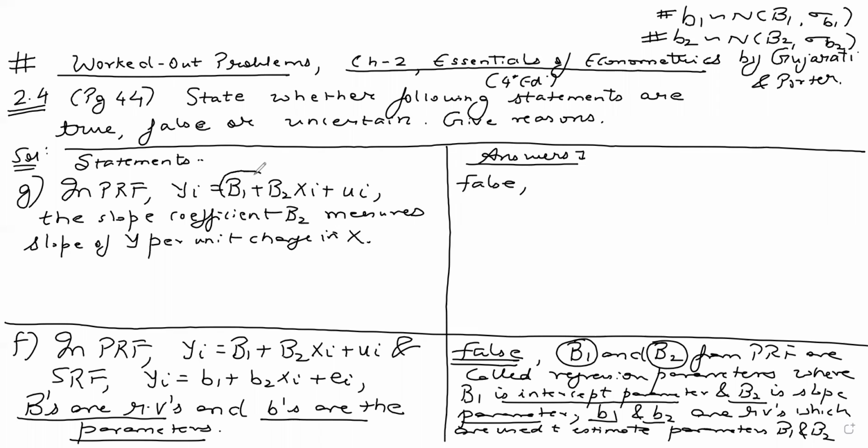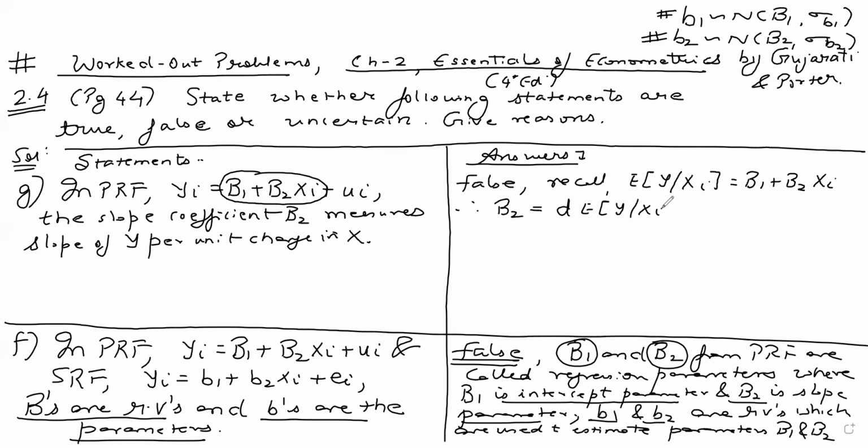Why? Because recall that expected value of y given xi is equal to b1 plus b2 xi. Therefore, b2 is the derivative of expected value of y given xi with respect to xi.